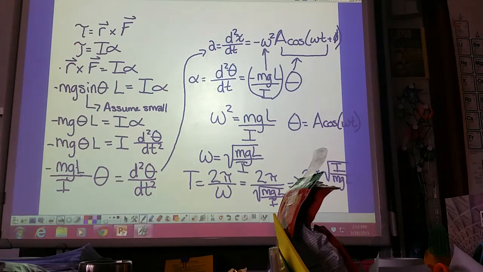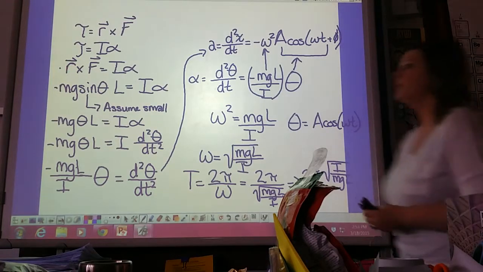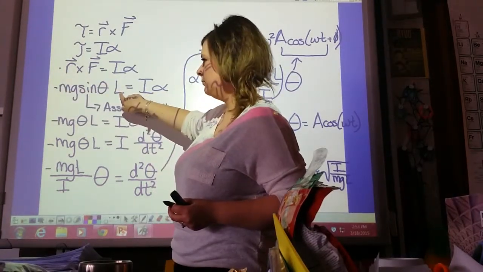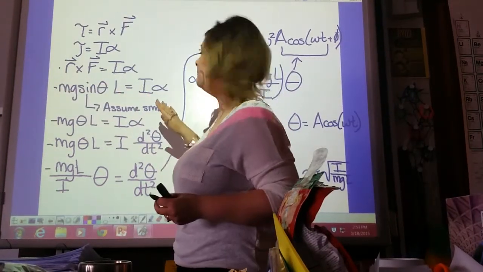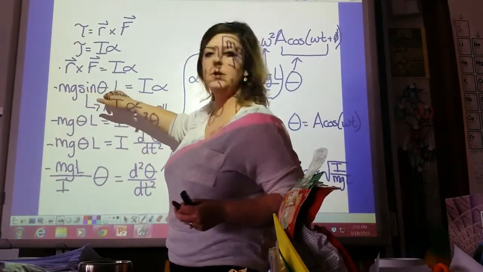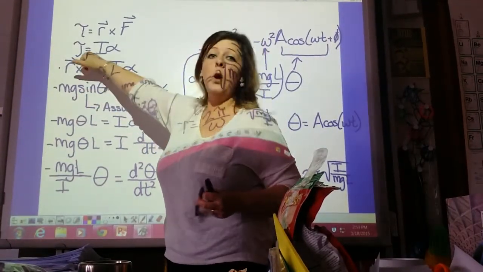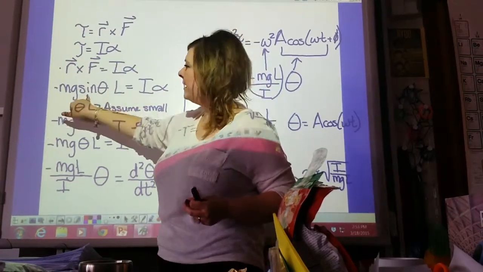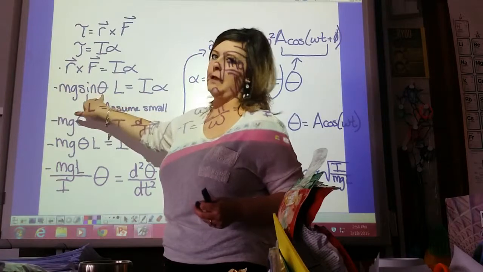So if I know that torque is also equal to r cross F, then before, when we looked at that simple pendulum, remember we said if the lever arm is L, which would be the length of that string, then the force that's causing the torque has to be perpendicular to the lever arm L. And we said last time that that would just be mg sine theta.